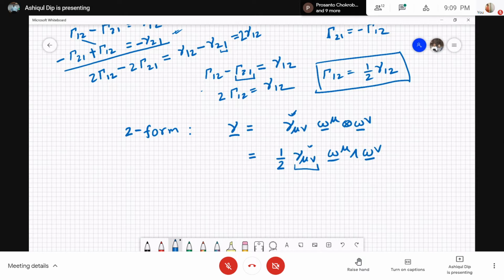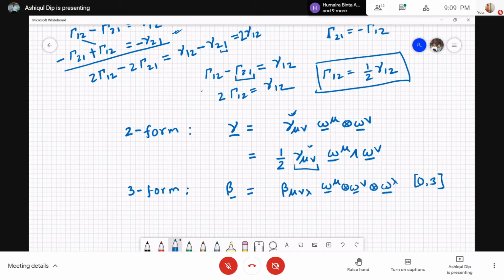So basically we expand this thing. If you do the same algebra for a three form, say, let's call it beta. Beta is a three form. Then if you want to write it as a 0 3 tensor in terms of 0 3 tensor component basis, it will be beta mu nu lambda, like that, because it should have three indices, then omega mu times omega nu times omega lambda.